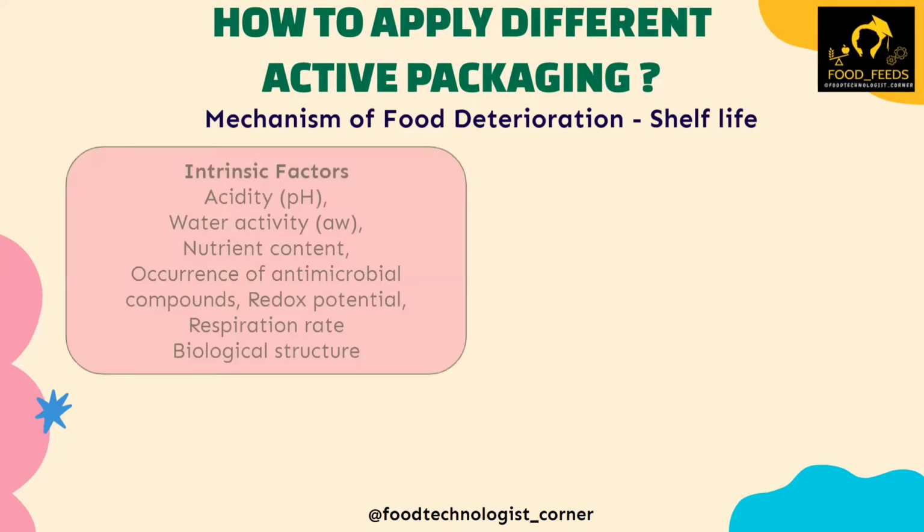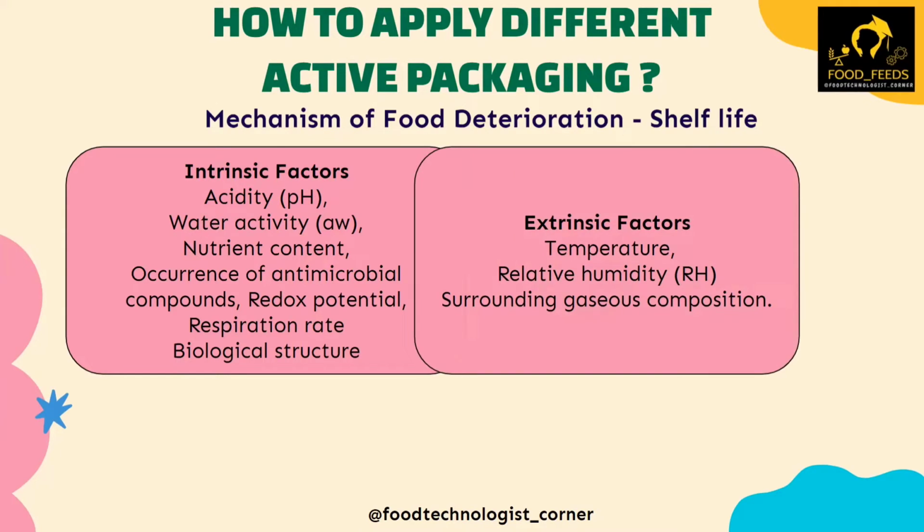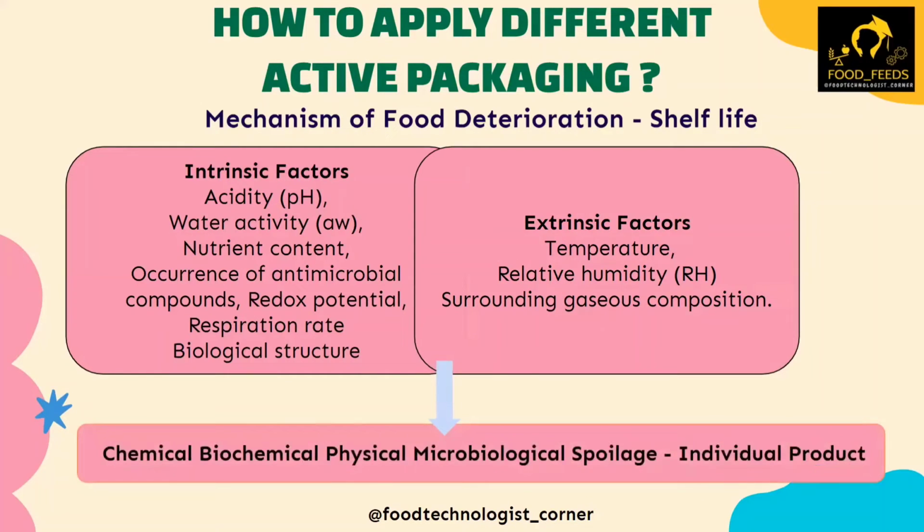The first are the intrinsic factors, like acidity, water activity, nutrient content of the food, occurrence of inherent antimicrobial compounds, redox potential, respiration rate, and biological structure. The next are the extrinsic factors, which include temperature, relative humidity, and surrounding gaseous composition. All these factors together influence the chemical, biological, physical, and microbial spoilage of an individual product.